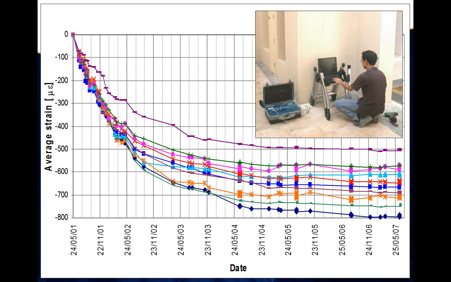It turned out that that column was really over-designed for that particular building because some areas of the building were not used, and so the load on the column was less than expected. There have been also cases where small settlements have been detected or other deviation from the expected behavior.